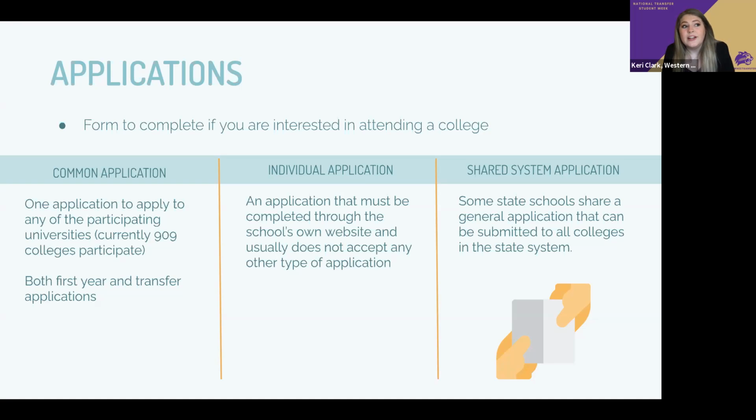For instance, I'm not sure that there's one in North Carolina, I don't believe so. But if there were, you would apply using a shared system application, and that would go to all of the UNC constituent institutions. So that would go to Western Carolina, NC State, things of that sort. But just keep an eye out on those different application terms, and see which institution accepts what in that process.